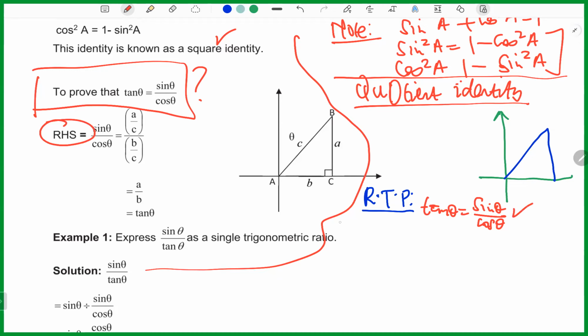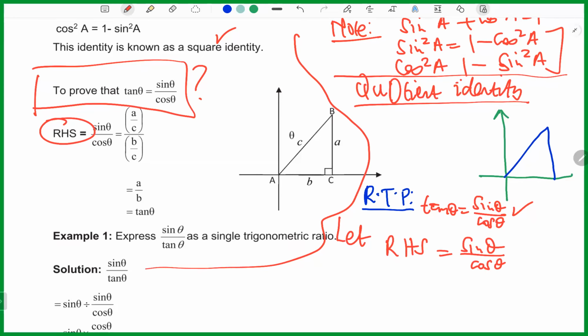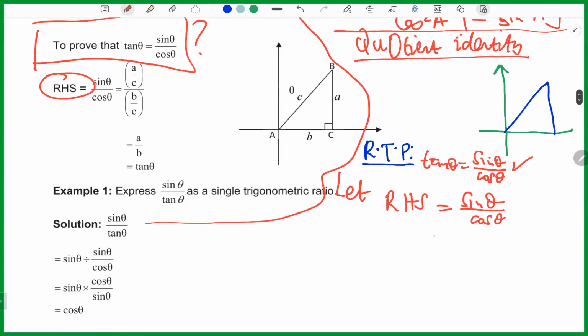In this case, the right-hand side is the sine over the cosine. If you prove the identity, the angle must always be at the origin. So we continue.